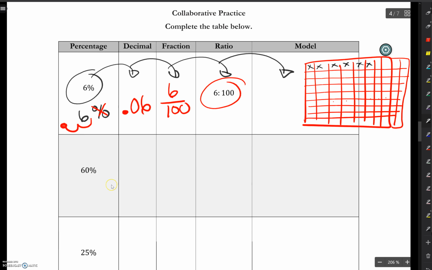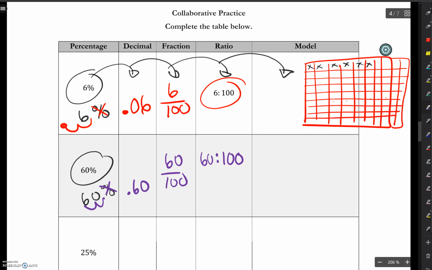Now for 60%, you're going to do the same thing. As a decimal, we have our percent, we get rid of our percent sign, put our decimal, 1, 2, so it becomes 0.60. The fraction is 60 over 100. The ratio is 60 colon 100. And then our model could be a little different for this one. We could do this model here, or we could do this model. 1, 2, 3, 4, 5, 6, 7, 8, 9, 10.